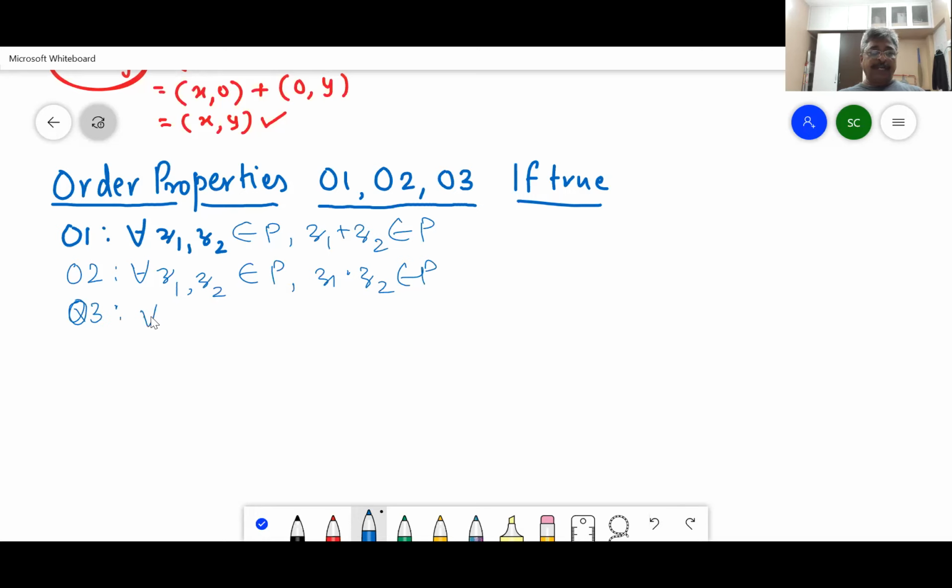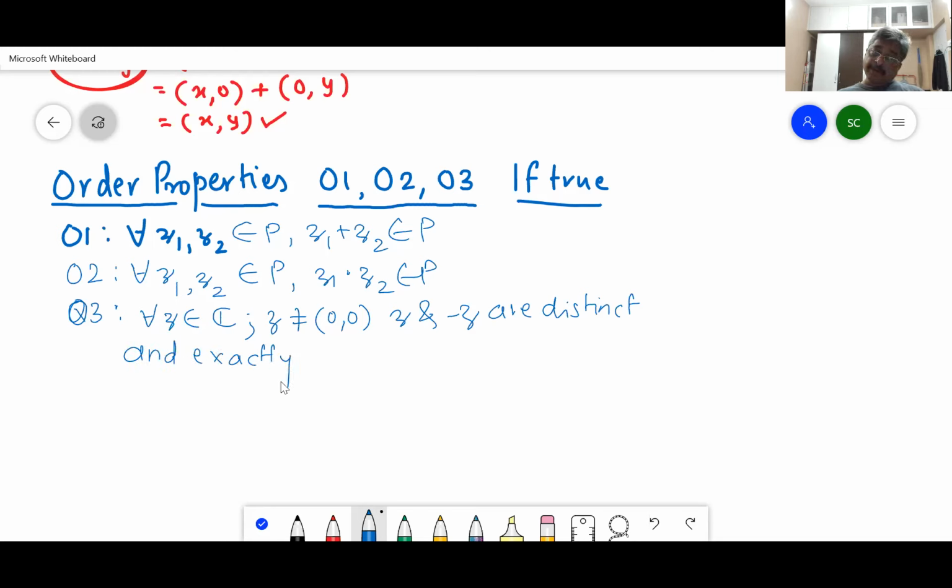O3 says for every Z belonging to C, Z not equal to 0, 0, Z and opposite of Z are distinct, and exactly one of Z is in P. Okay.